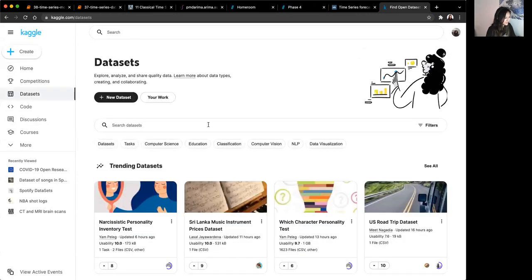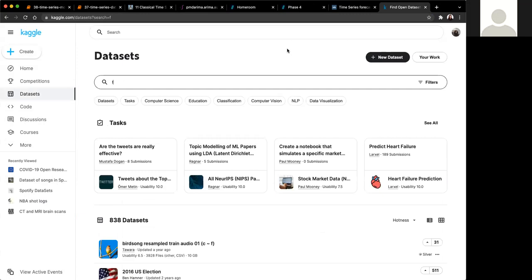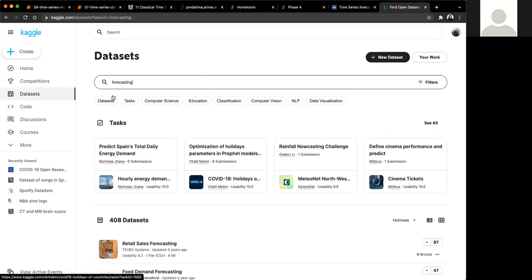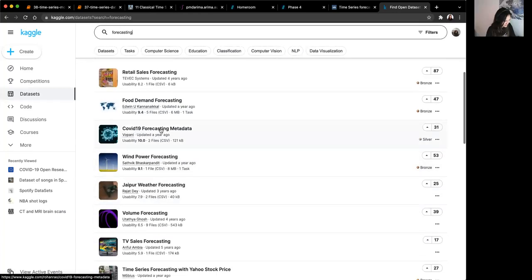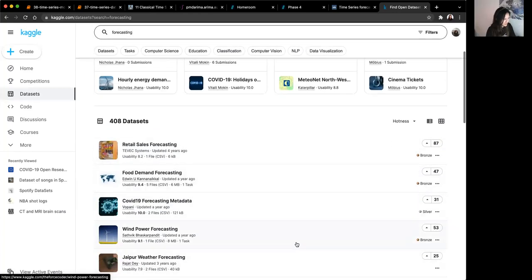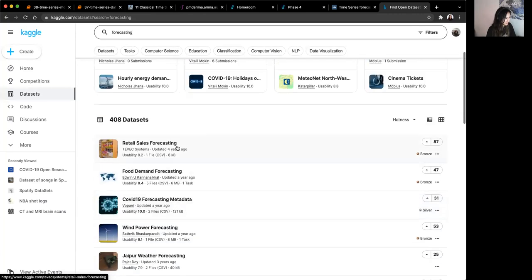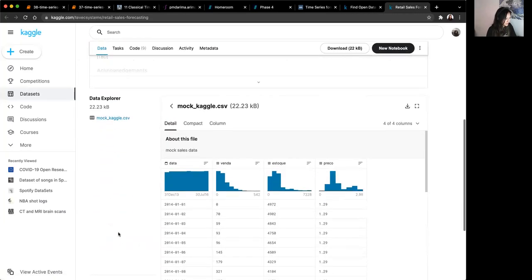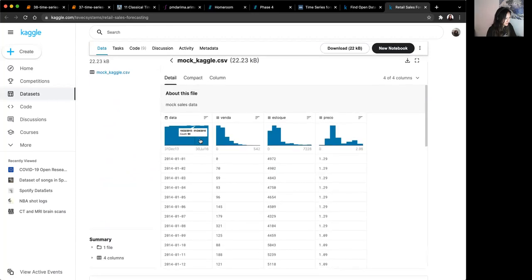So data sets and the tasks, I wonder if they do forecasting. All right, so forecasting seems to be one that will make sense. Again, do look at the number of rows. So here it looks to be, okay, there's definitely at least like 500, 600 different rows.